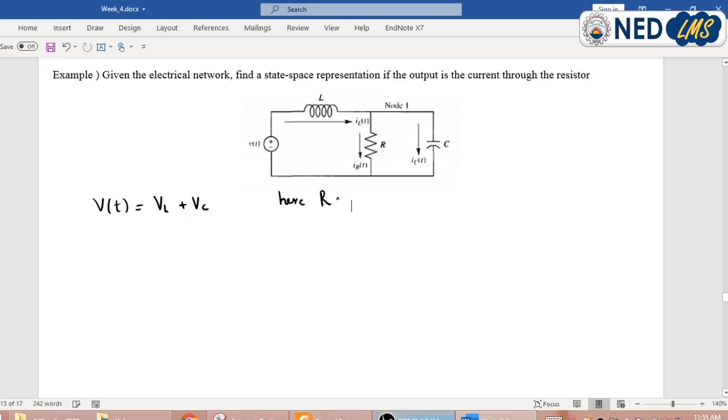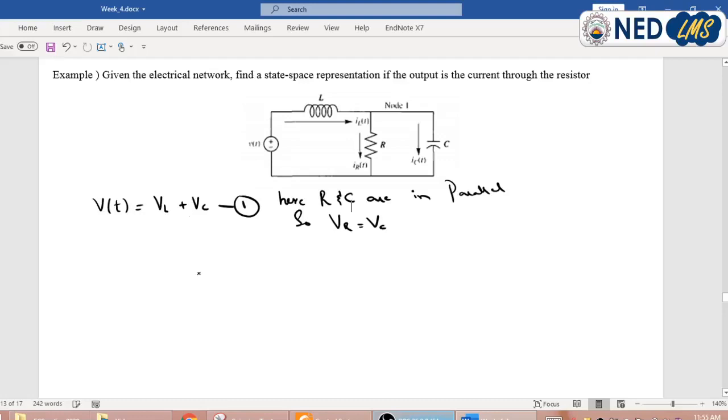So VR is equal to VC. So this voltage is equal to VL plus VC. I will say this is my equation number 1.